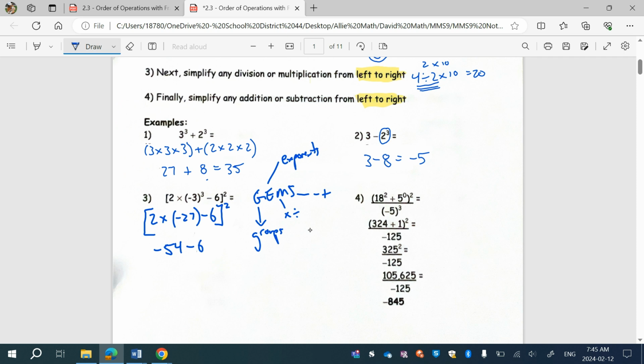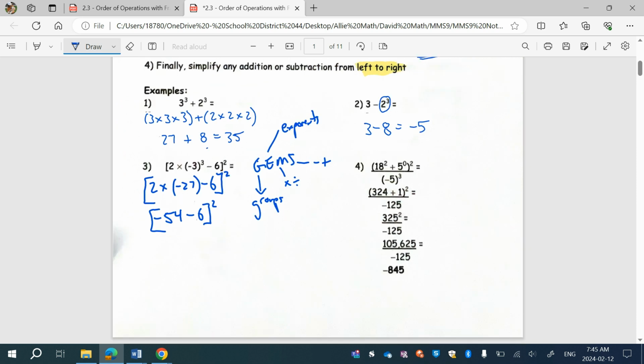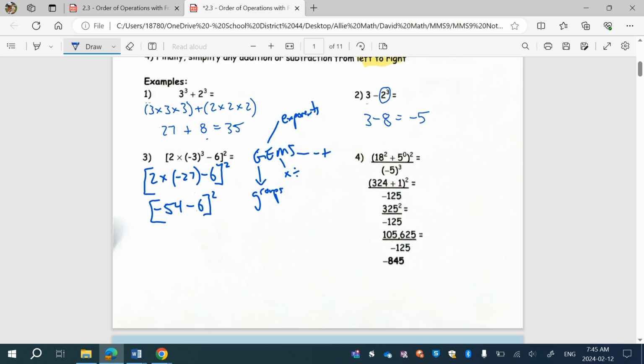Subtract 6. And this is all still to the power of 2. If we have negative 54, we take away 6 more. We got negative 60, and that is still squared. So negative 60 times negative 60 is positive 3,600.